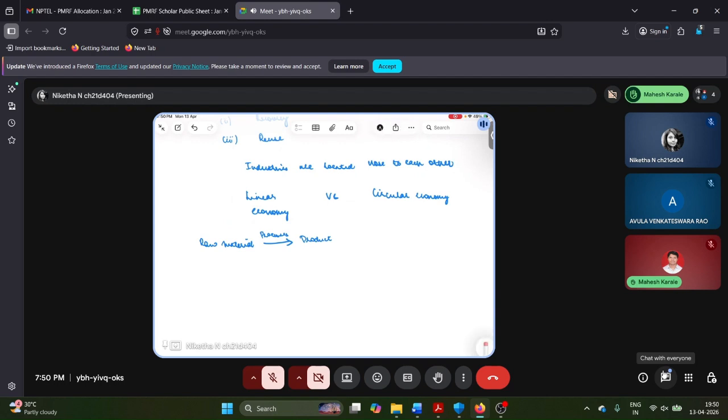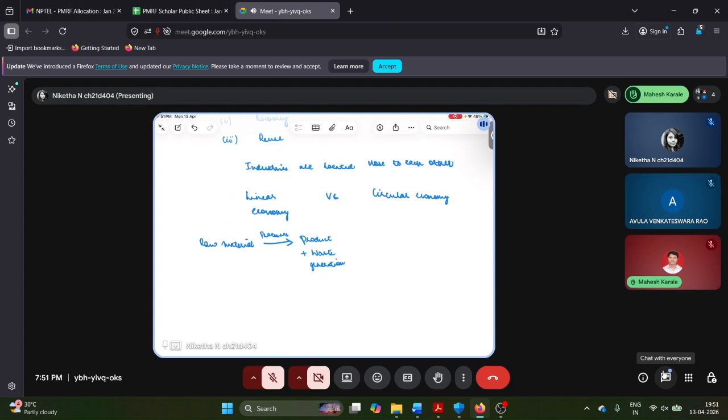And there is also waste generation during the process. So it is very simple, right? Some raw material is available, it undergoes some processing to generate a product, and meanwhile the waste is generated. So that's it, that's the end of the line.